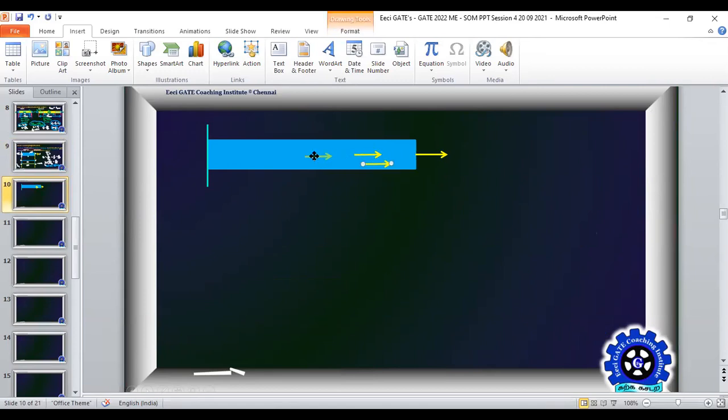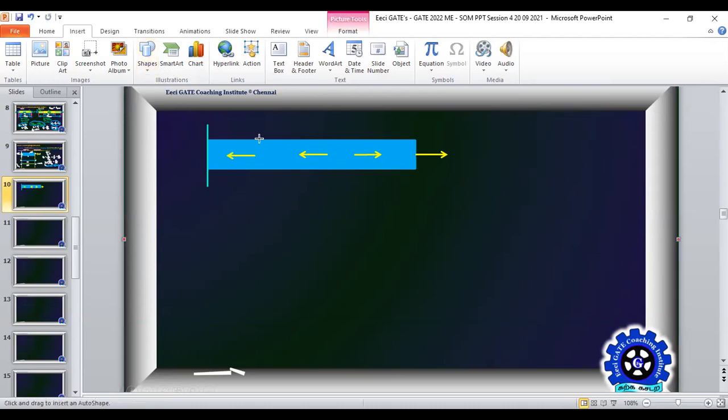Now here we can apply one more load. It is compressive in nature. Next, one more load is acting here. One more load is acting here.